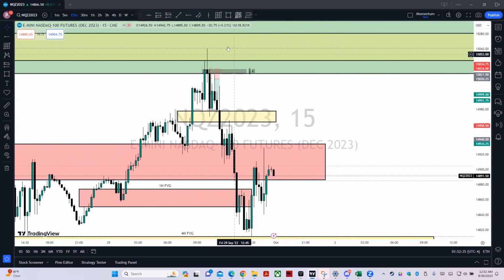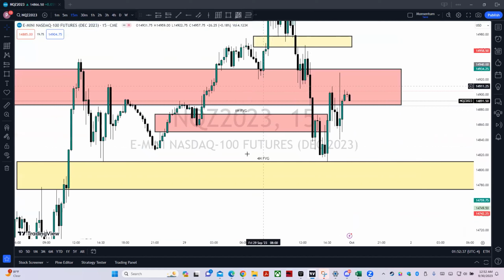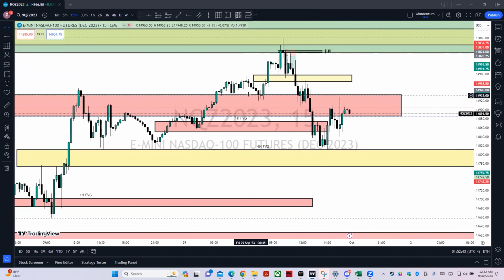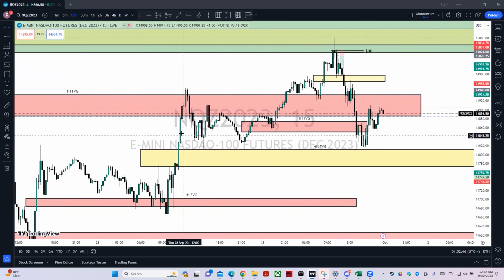Yeah. So took this to the downside, and then we wanted to see price balance itself out. So what do I mean by balance itself out? Here is price through all of Friday. Let's go to Friday at midnight right here.